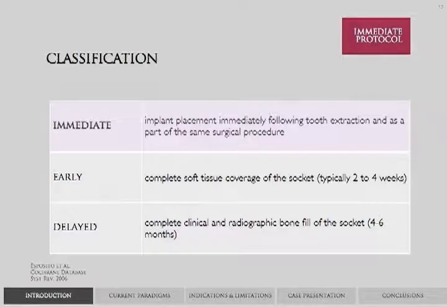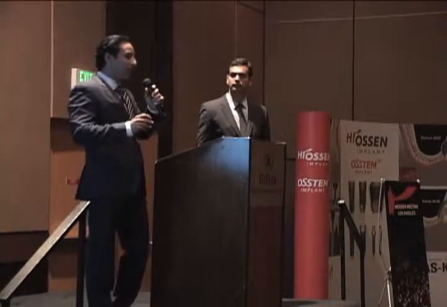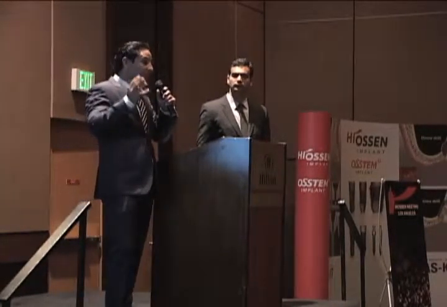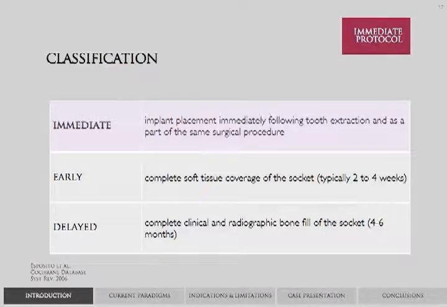When I talk about implants and I teach implants, the key number is 4. So when someone asks me how long tissue takes to heal, as a rule of thumb, 4 to 6 weeks. How long does bone take to heal? About 4 months.